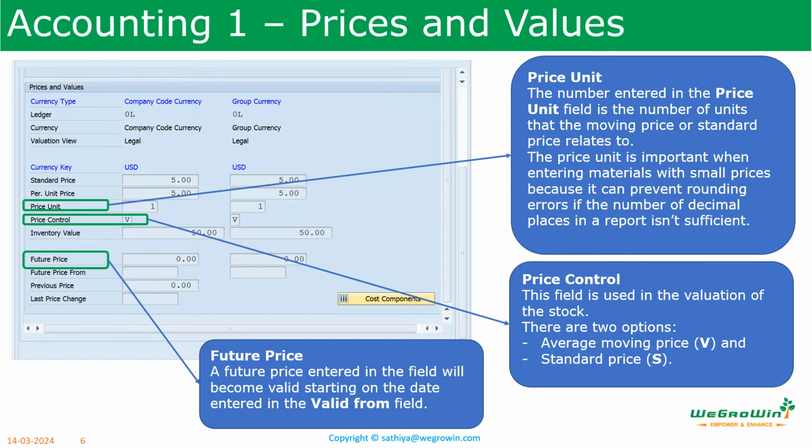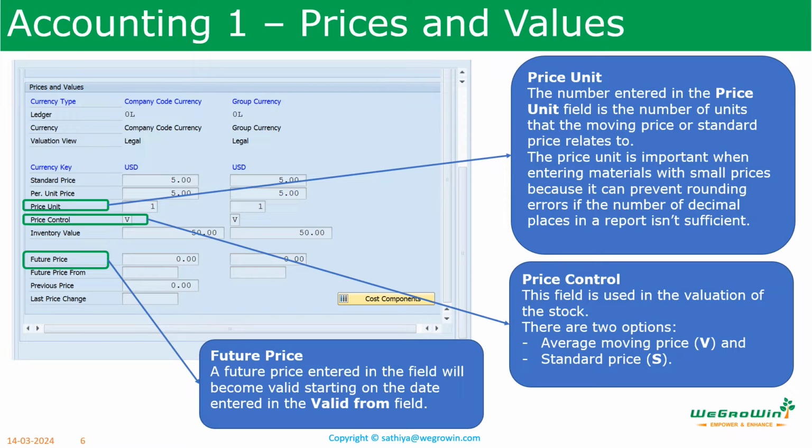Next is the future price. Future price is entered in the field, and it will become valid starting from the valid-from date you enter. This is especially for the standard price.